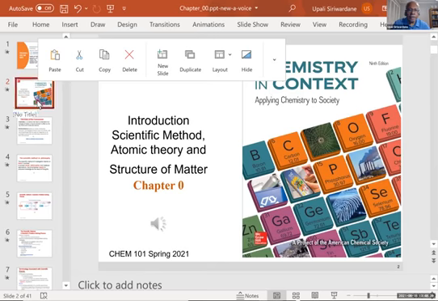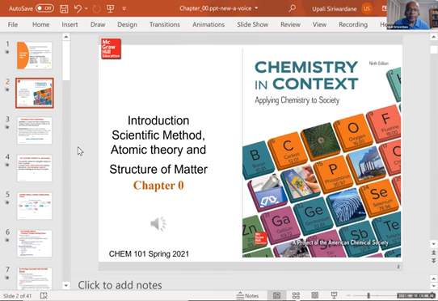All right. Introduction to chemistry will describe the scientific method, atomic theory, and structure of matter. This scientific method is important for any science. Chemistry is one of the fields in science dealing with the change of matter.